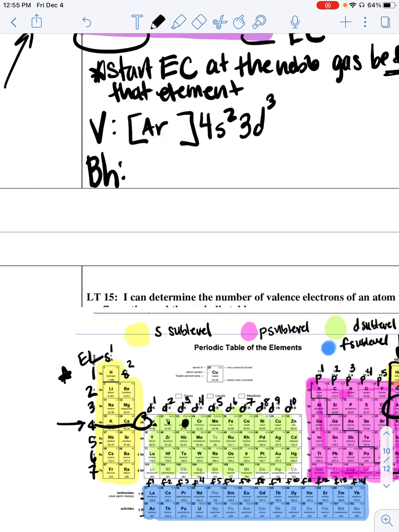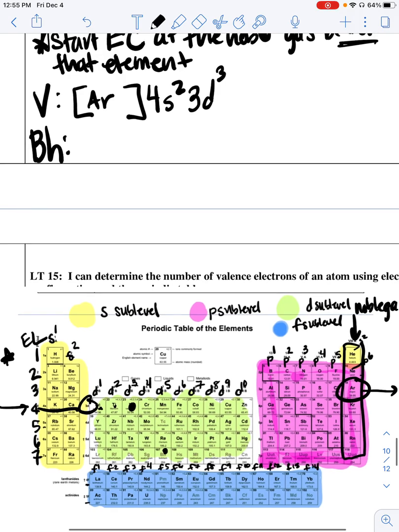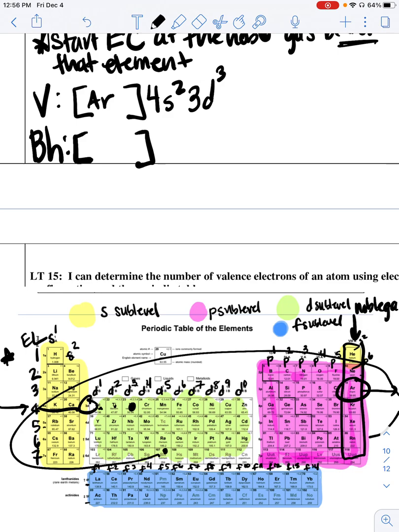Remember, here's bohrium. It's number 107. So I'm going to find the noble gas that was before bohrium. I'm going to swoop back, which was radon, which is Rn. So you put the symbol in there. You have to start from there. Here's that.